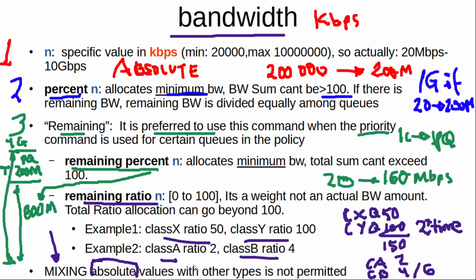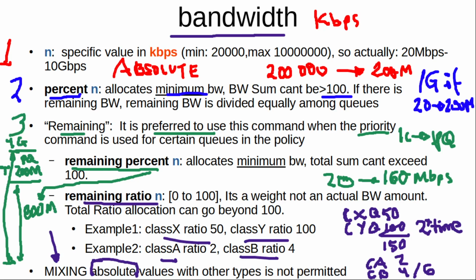You cannot mix and say one class will use an absolute value, and then another class will use a percentage value, and then another class will use an absolute value, and so on. That will not make sense. You either always use absolute values for all your classes inside a policy map, or you are going to use percentage values in your policy map.